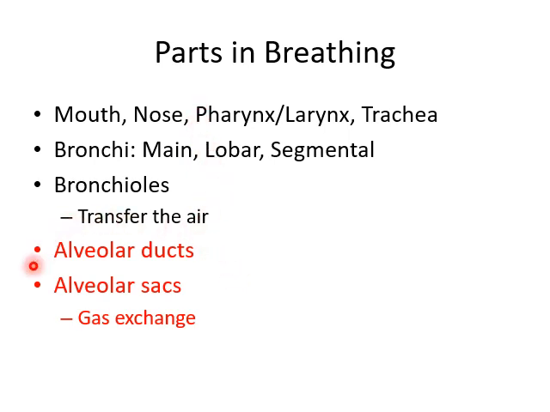The gas exchange occurs down here in the alveolar ducts and the alveolar sacs. This is where oxygen is absorbed into the body, and carbon dioxide comes out, and as the alveolar ducts and sacs contract, that carbon dioxide is pushed back through the bronchioles, bronchi, trachea, larynx, and out the nose and mouth. So those are all the parts.